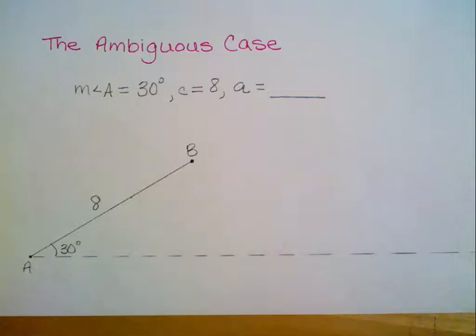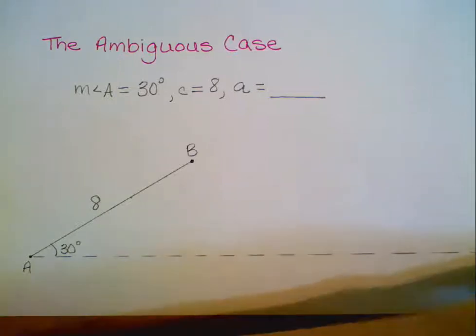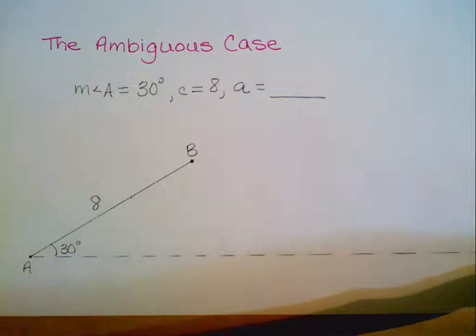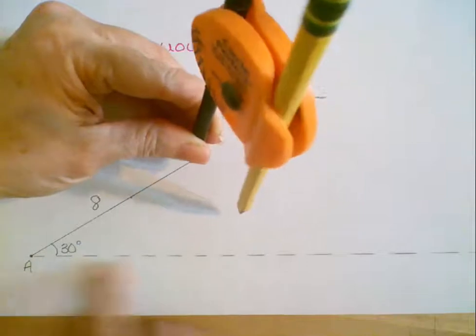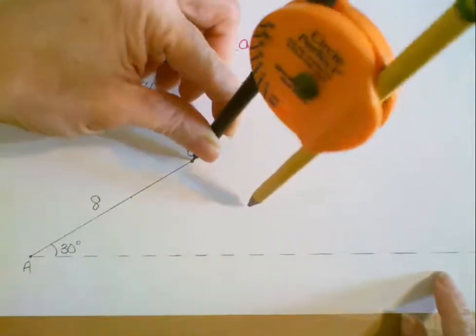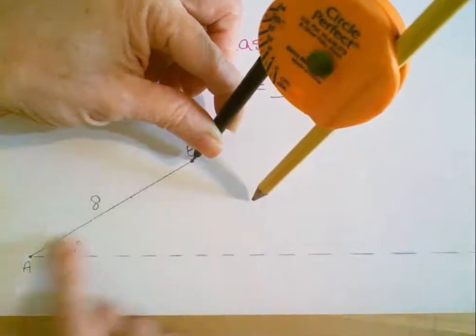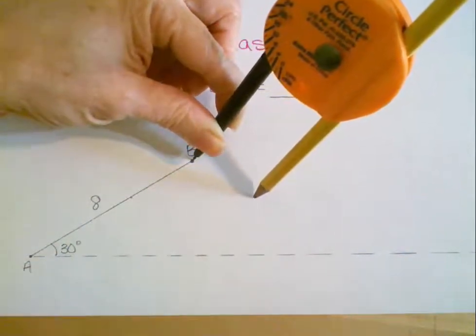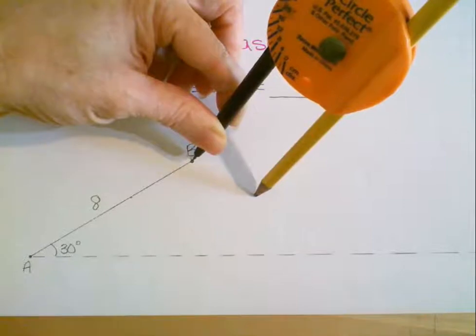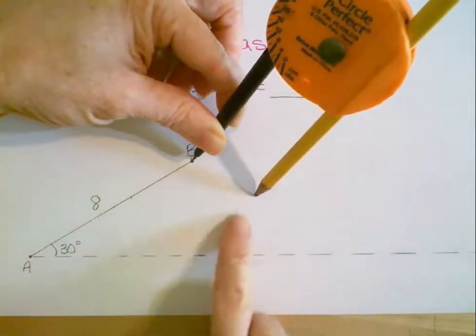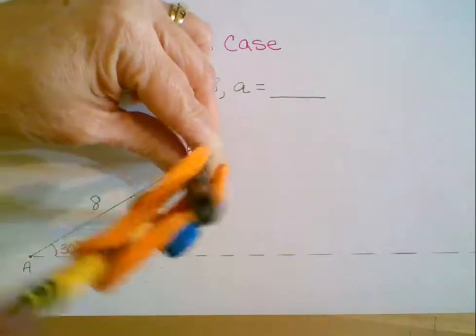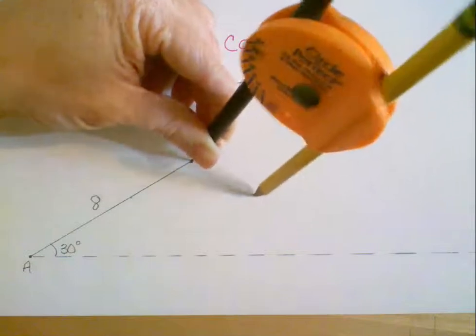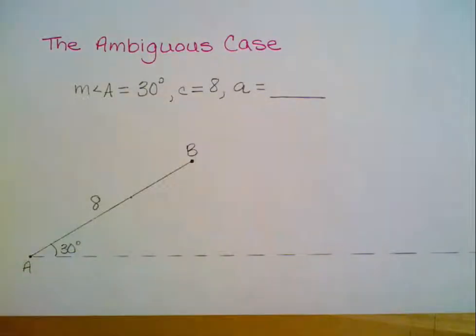So I'm going to set my compass up here to 3 units in length, and put my pivot point on point B. Wherever this intersects this dashed segment would be the location of point C, because I know that would have to be 3 units away from point B. And we can see in this case that there's a dilemma, because this never reaches that segment. It's just simply too short. So when A takes on a value like 3, we have a problem. It doesn't create a triangle.